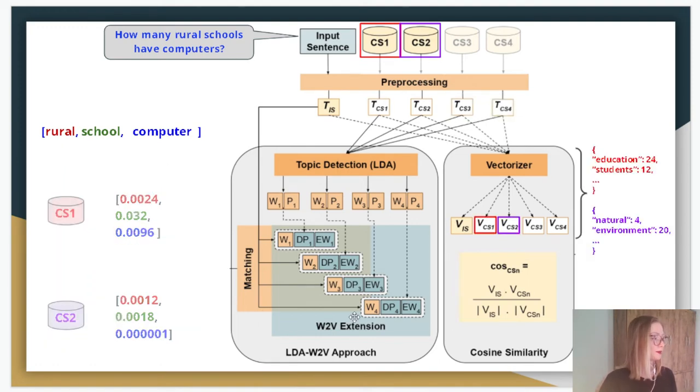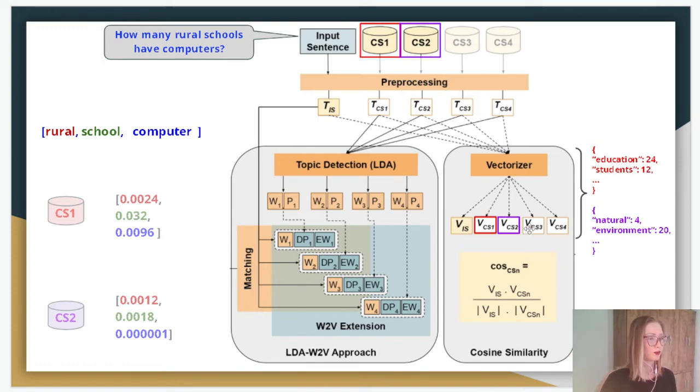At the same time the LDA and Word2Vec module runs, the cosine similarity module is executed too. The tokens extracted from the candidate sources go through a vectorizer step responsible for counting the word frequency in the source content and building frequency vectors.